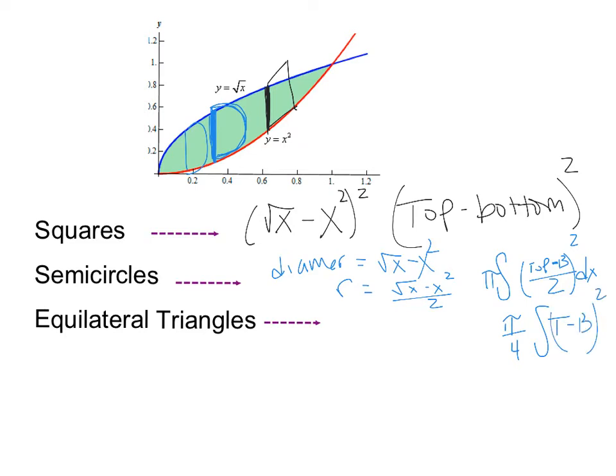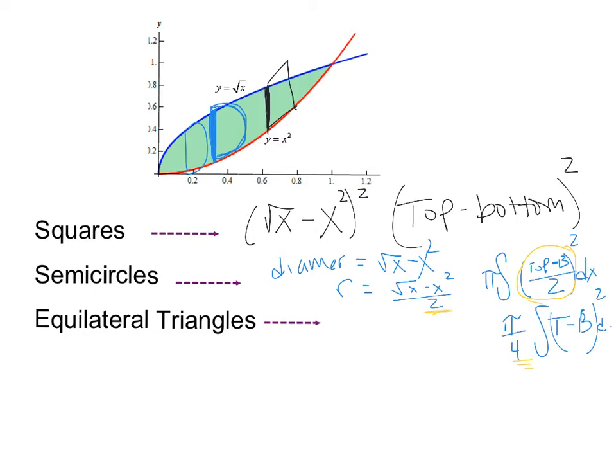But notice the whole thing is being squared. It's not like our big R squared minus little r squared. It's their difference that is being squared. Because that's the diameter instead of the radius, we have to divide by 2. The whole thing gets squared, which means you end up with that pi over 4 on the outside, because you have that 1/4.